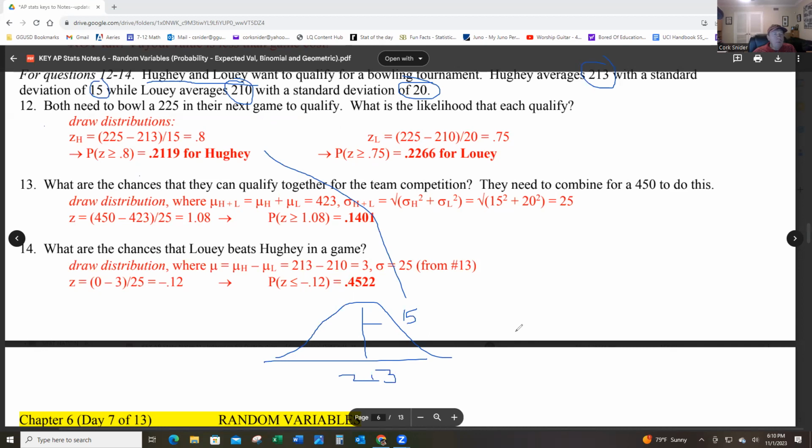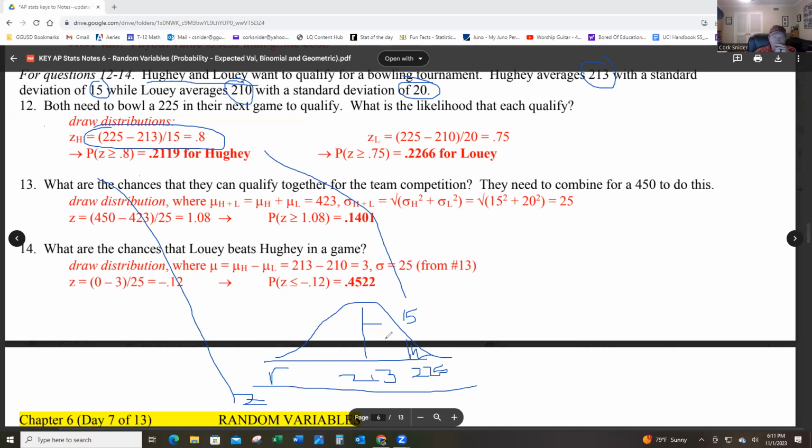We've got to figure out the probability of getting 225 or greater. Again, we're going raw score, z-score, percentile. There's the raw score. The z-score is right here. Take 225, subtract the mean, divide by the standard deviation.